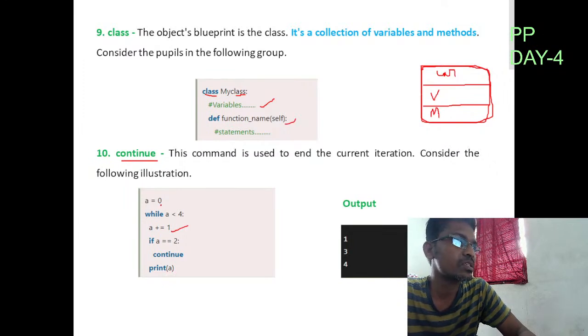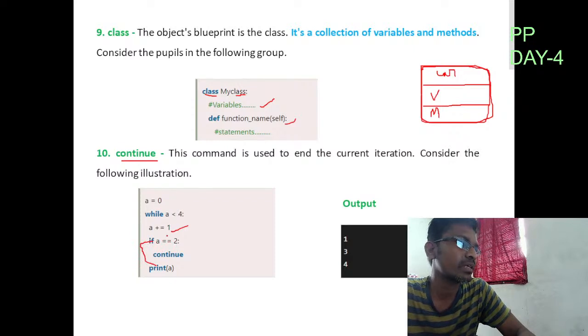So that means whenever the a value is 1, this condition is false, then it will print the a value.